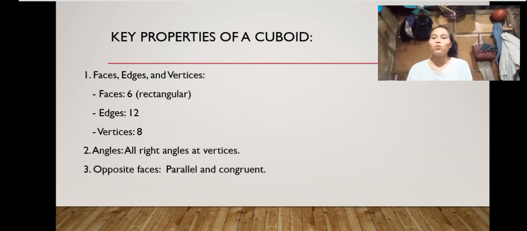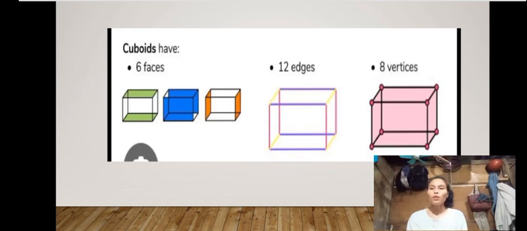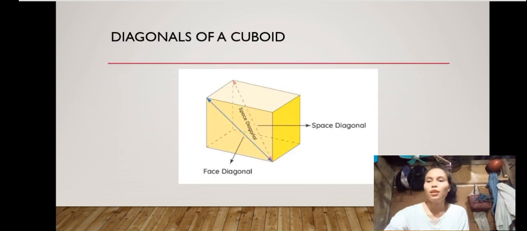Its angles are right angles at the vertices, and opposite faces are parallel and congruent. Its diagonals: this one is a face diagonal and this one is the space diagonal.